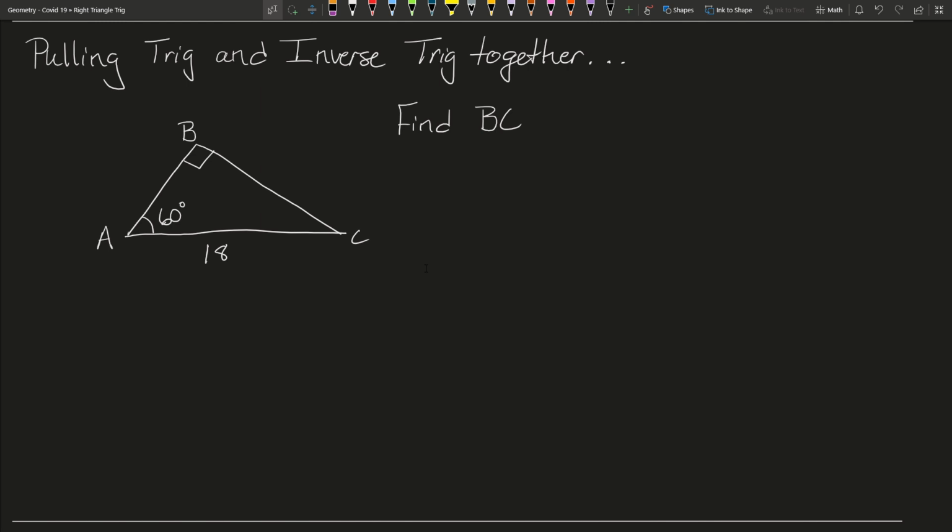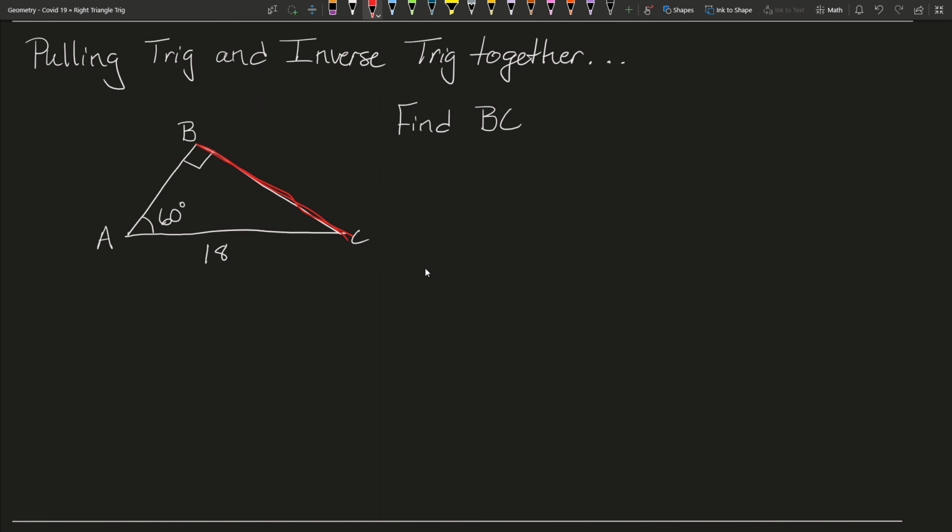Given this right triangle, where one angle is equal to 60 degrees and one side is equal to 18, we want to find this side right here. To do this, we have to pull together our trig ratios and use inverse trig.